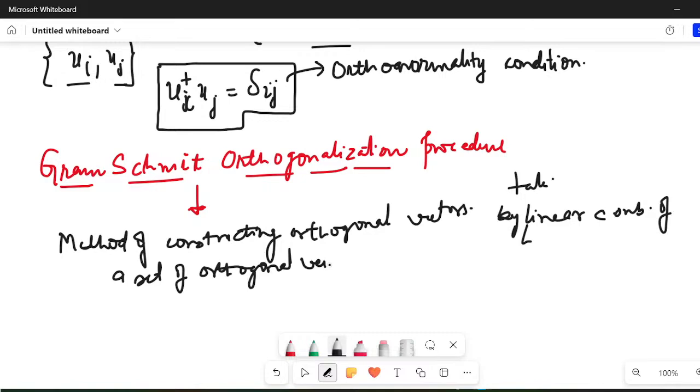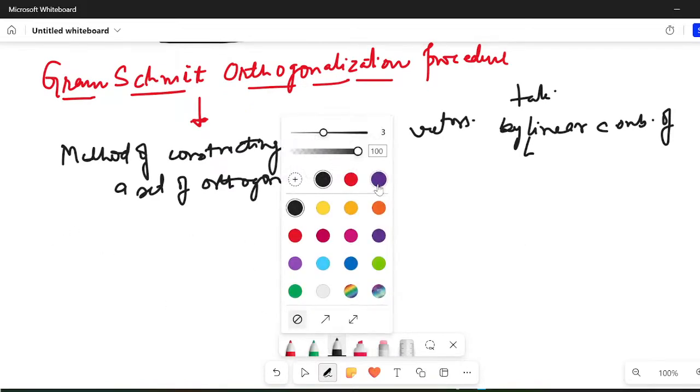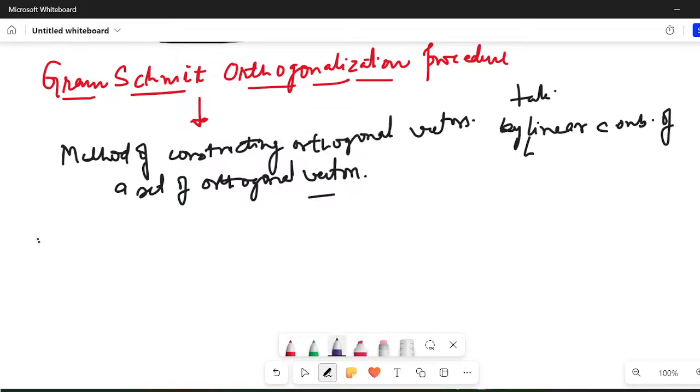Let us say I already have two orthogonal eigenvectors, u1 and u2, and both are linearly independent. Linearly independent means I cannot express u1 in terms of u2.